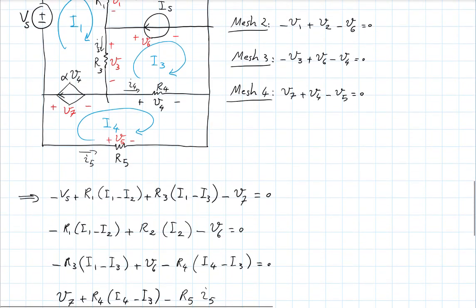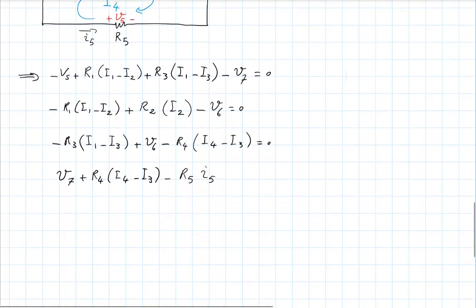But what is little I5 in terms of mesh currents? It's minus big I4. It's just that the way I have defined the directions, it just happens to be that little I5 is the opposite of I4. And there is no other mesh that R5 is part of, so that's all I have.